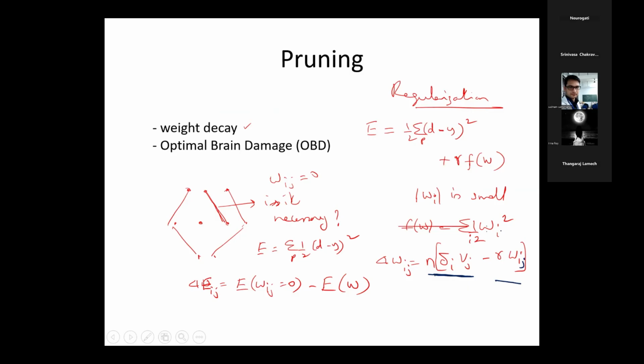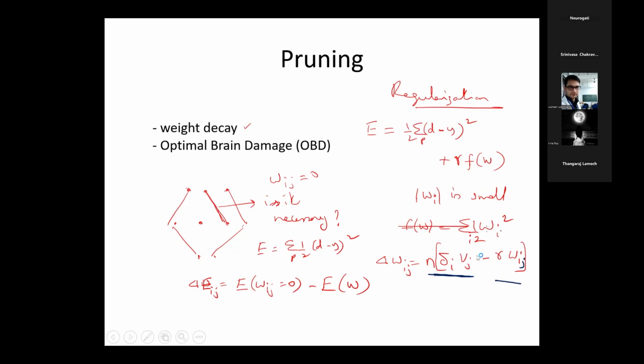So the objective now is to get low error while using a minimal number of weights. How do you do that? Have a separate cost for weights and penalize large weights. That cost can be something like sigma wi square. When you differentiate this to derive the backprop learning rule, you'll have something in addition to the eta delta v term. You'll have some kind of a minus wi term that will penalize large weights.